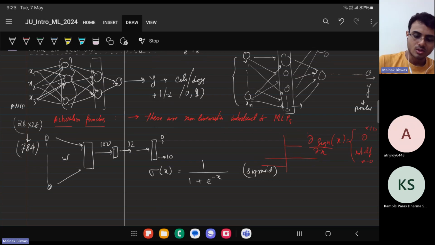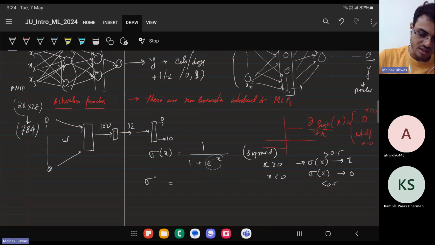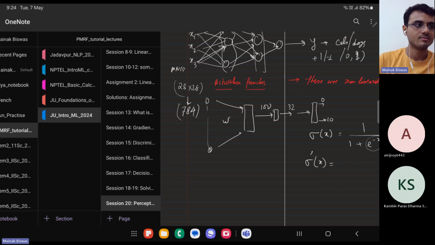So for x greater than 0, sigma of x would predict class 1, and for x less than 0, class 0, because greater than 0 gives greater than 0.5, and less than 0 gives less than 0.5. We have seen this in logistic regression. So take a derivative of this. What will you get? We have done this as well.